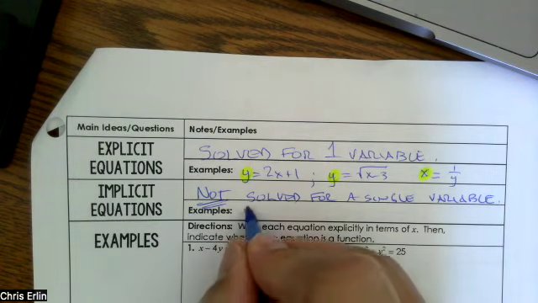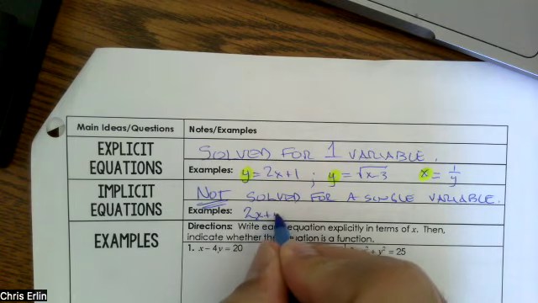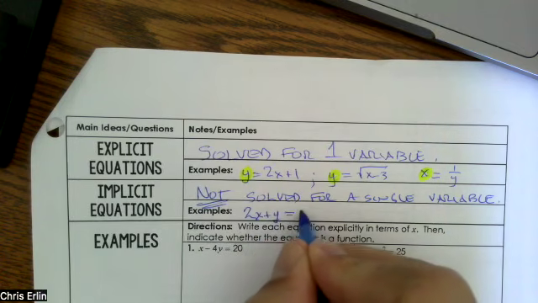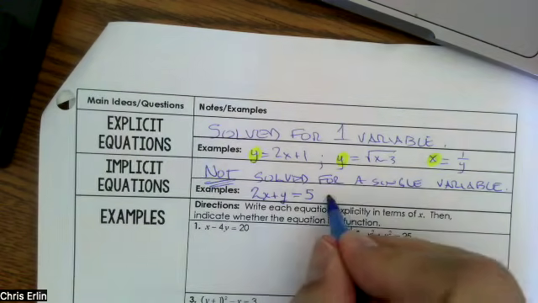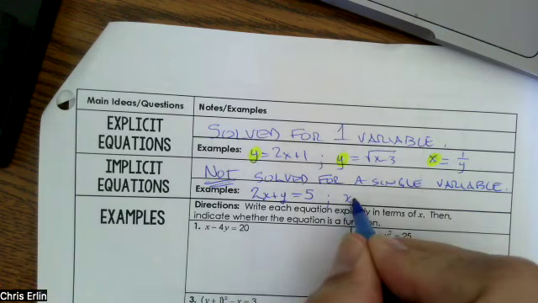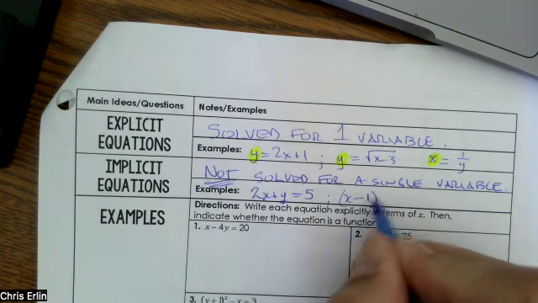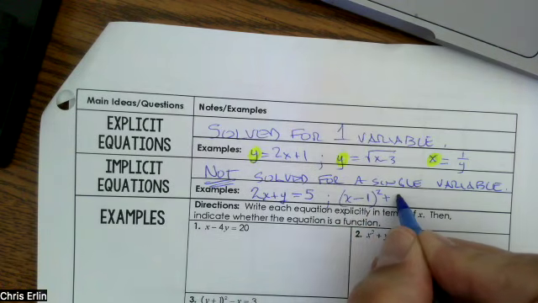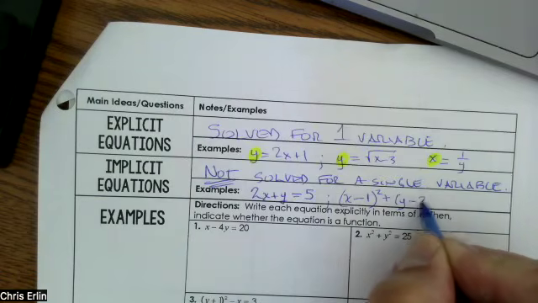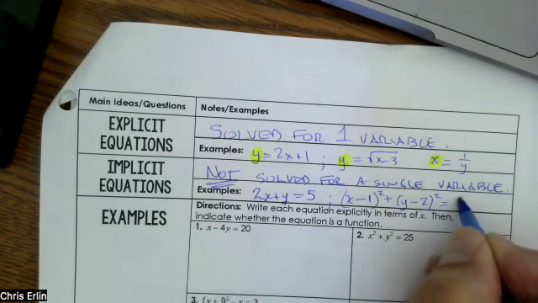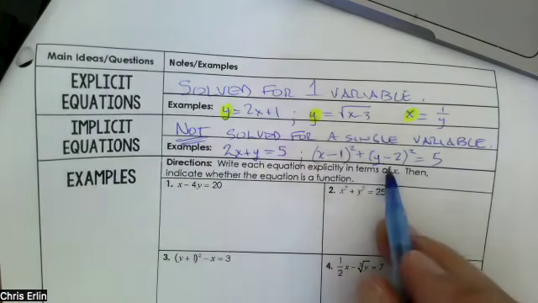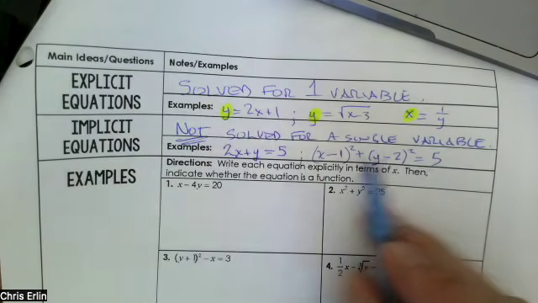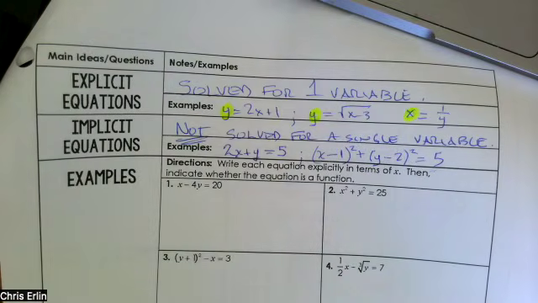An example for that would be something like, in standard form, 2x plus y equals 5. That's not solved for a single variable. Or when we have something like a circle, like x minus 1 squared plus y minus 2 squared equals 5. It's not solved for a single variable.